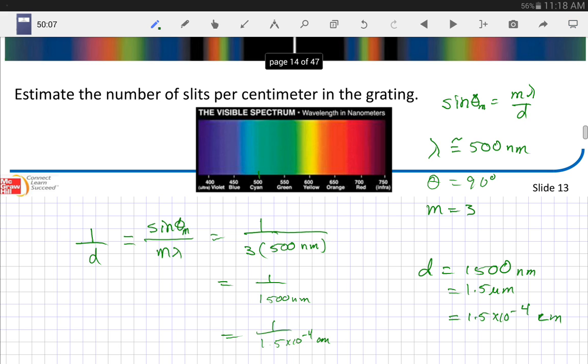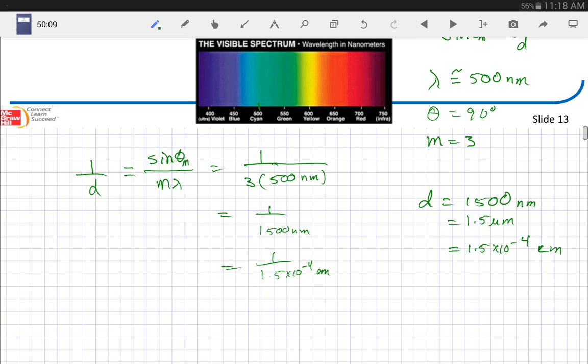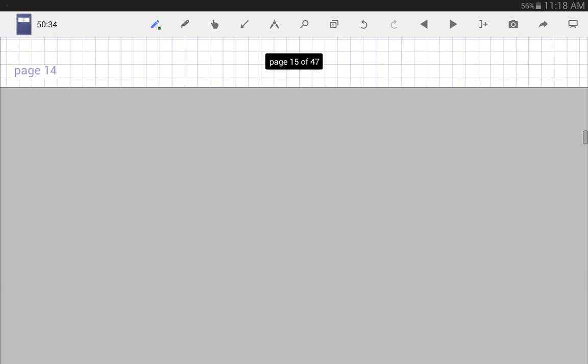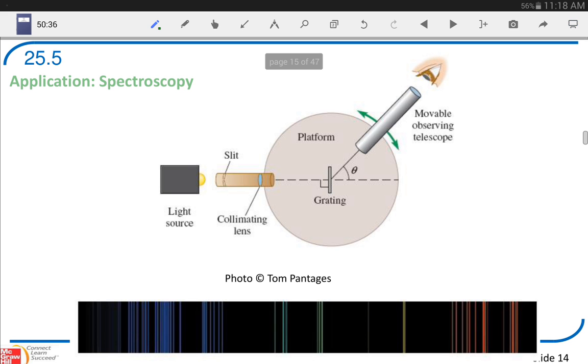My brain is shot. I'm pretty sure I should be able to do this in my head, but it's what? 1 over 1.5 is 0.66. Yeah. So that's 666 lines per centimeter is our answer. It's of the devil, apparently. All right.